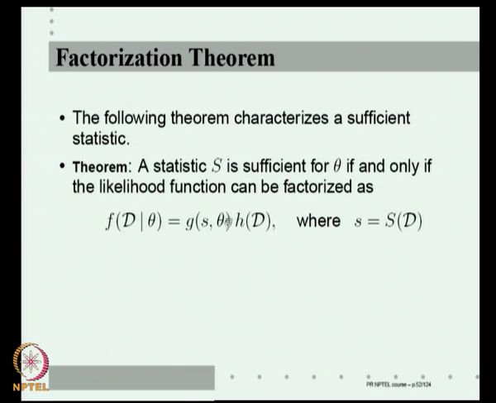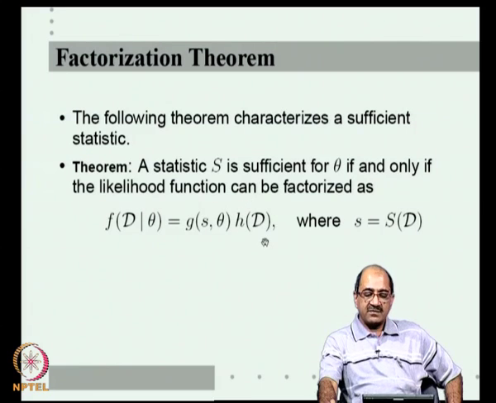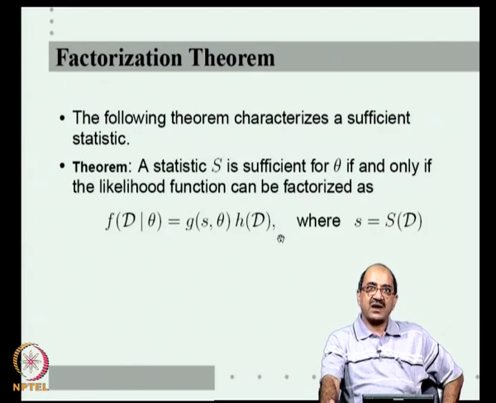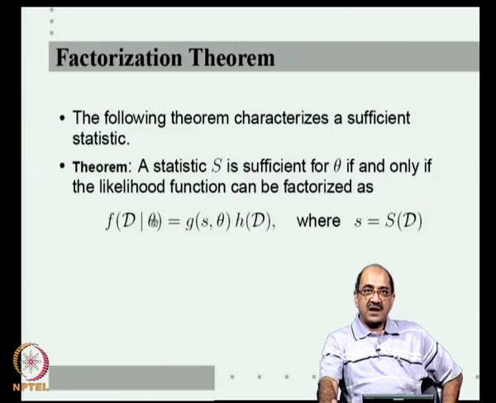One factor involves only s and theta and another factor involves D. That means, there is no factor that involves individual xi's and theta. Anything that depends on xi's is all bottled up in this h function, just like the h function we had in the example. And in the other factor, the only way data enters is through s. So, if the likelihood function can be factorized like this, then the statistic s is sufficient for theta.